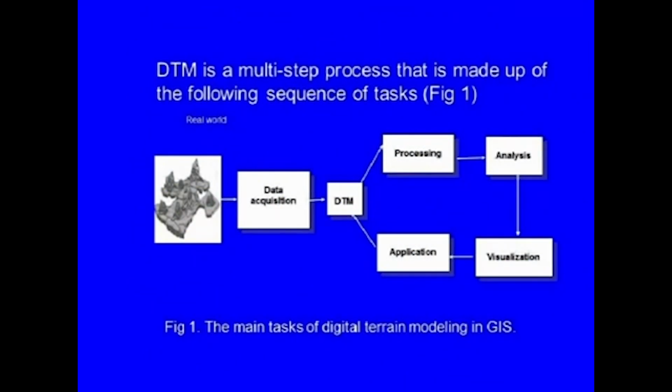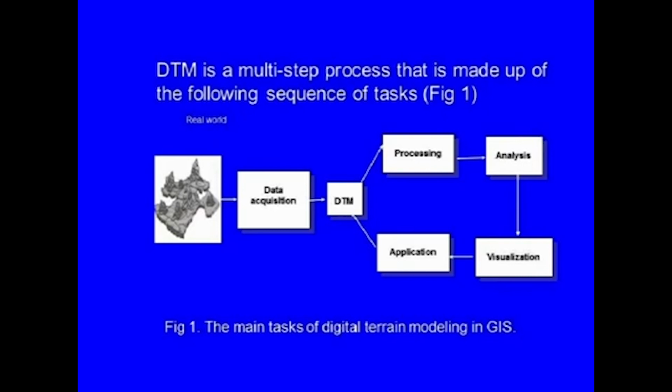Having looked at these, now let us look at the whole DTM process. It can be seen that DTM is a multi-step process that is made up of the following sequences as shown in the figure below. That is, we have the real world, and from the real world the data would be acquired, by virtue of which a DTM would be generated.